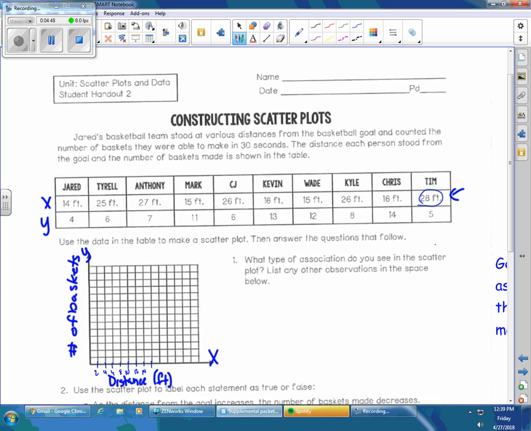And you should be labeling yours the same. And that worked out perfectly. So the number of baskets, the highest number I have here goes up to 14. So I'm pretty sure I can count by ones.